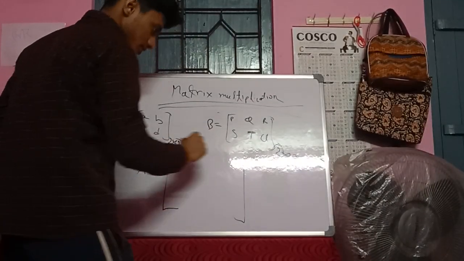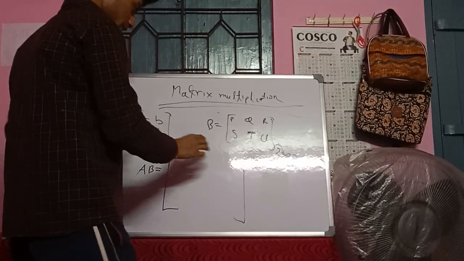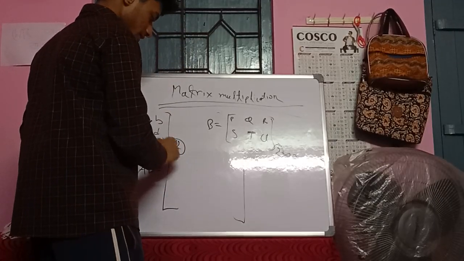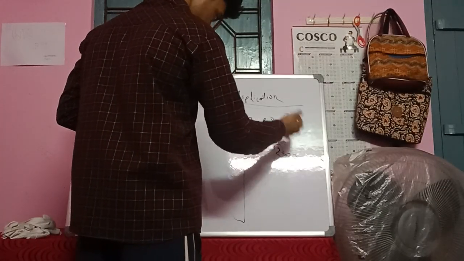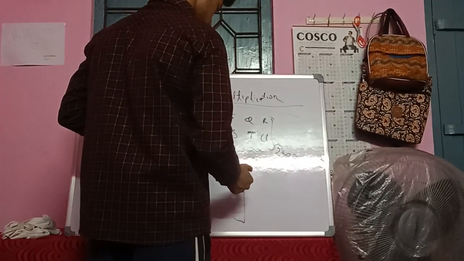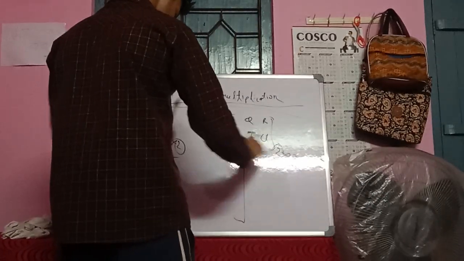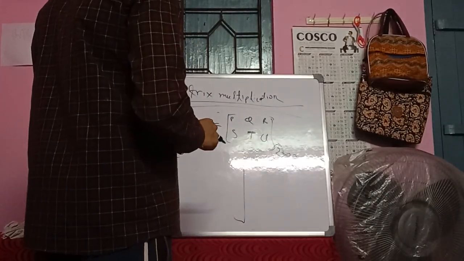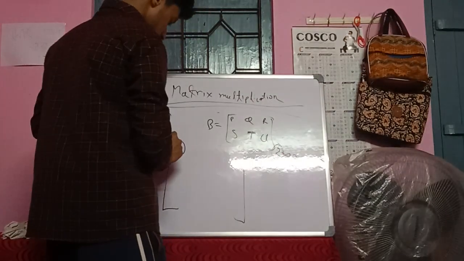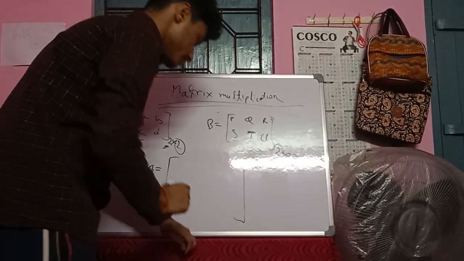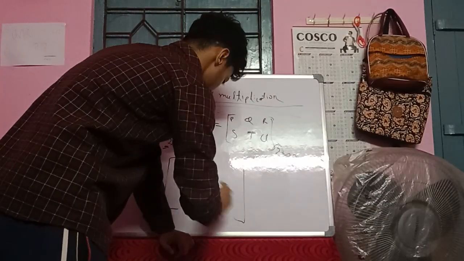We can think of it this way: the 2 here is the number of columns of the first matrix, and the 2 here is the number of rows of the second matrix. These two cancel each other, and we are left with the number of rows and number of columns, 2 and 3. These numbers represent the order of the product of these two.